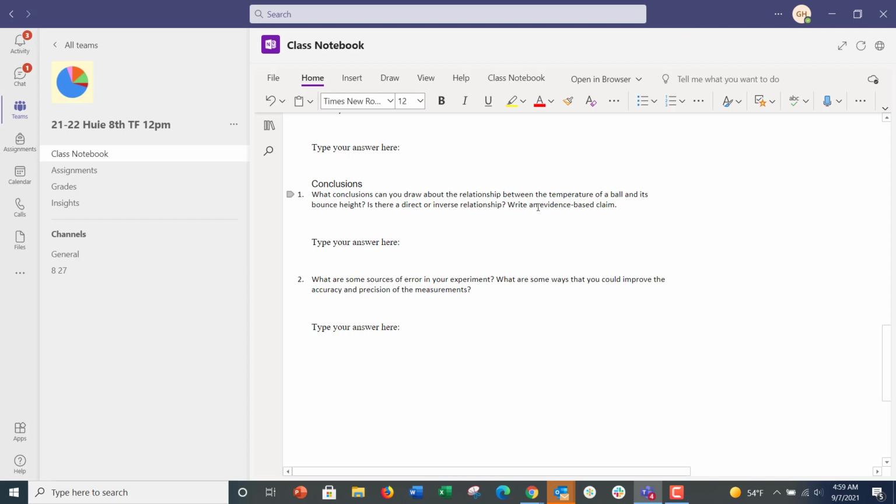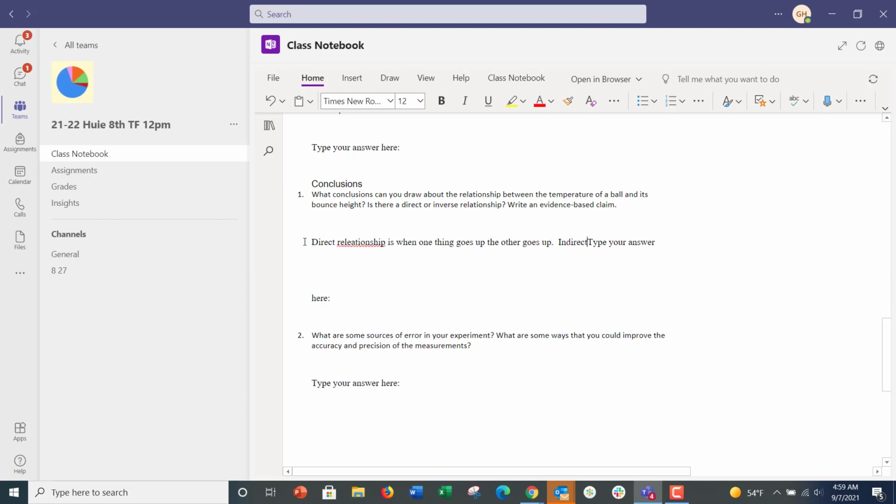Is there a direct or inverse relationship? So right here, I'm going to go ahead and tell you what a direct relationship is. A direct relationship is when one thing goes up, the other goes up. Indirect means if one goes up, the other goes down.